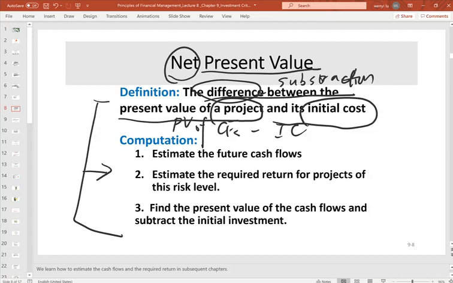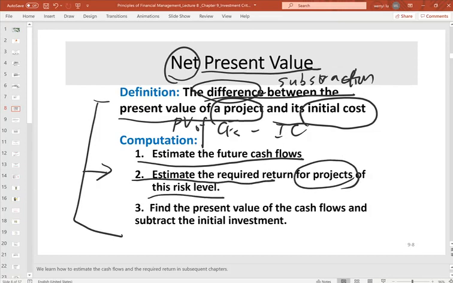The first step, we estimate the future cash flows. Then we estimate the required rate of return for these projects based on their risk level. This required rate of return is our discount rate, which brings your future cash flows to time zero.